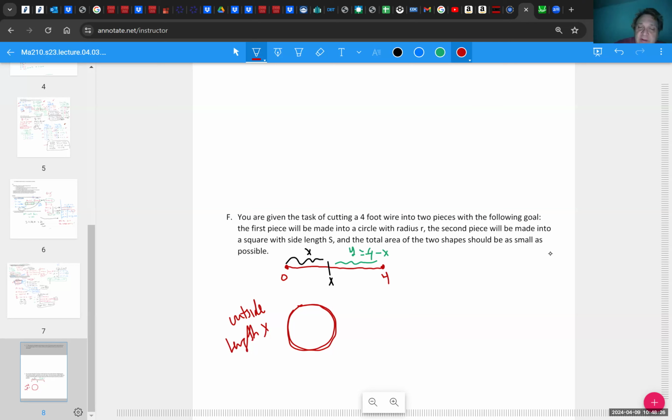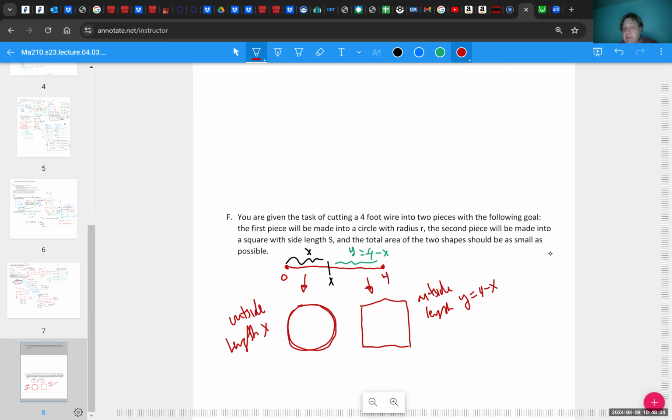And the second part is made into a square. Square means all the sides are equal length. And again, the outside is what we made the wire into. The outside length, in this case, since it came from 4 minus x, is y, or 4 minus x.